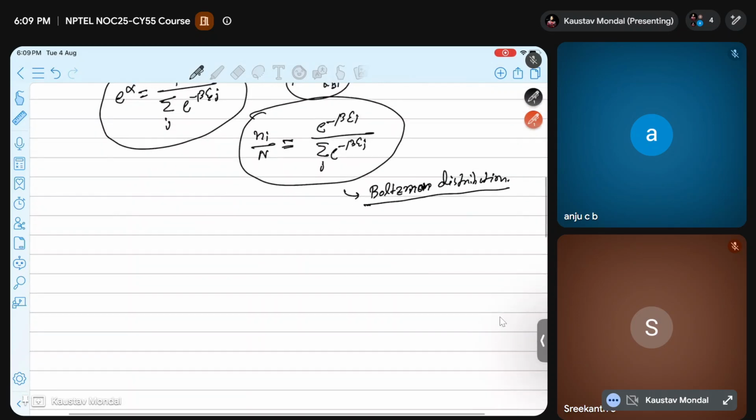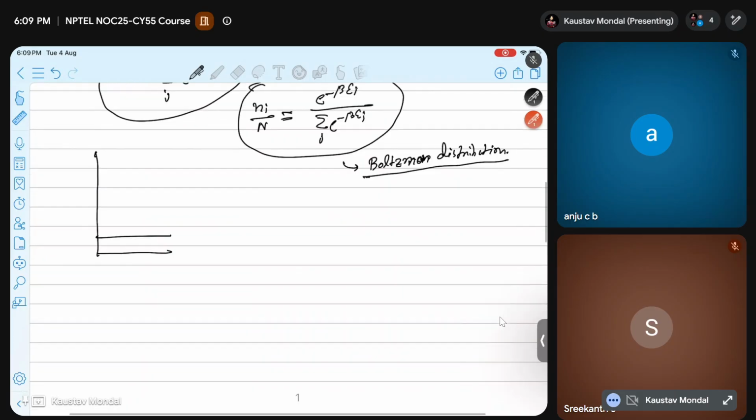If the energy levels are like this, let's suppose this is E1, this is E2, this is E3.